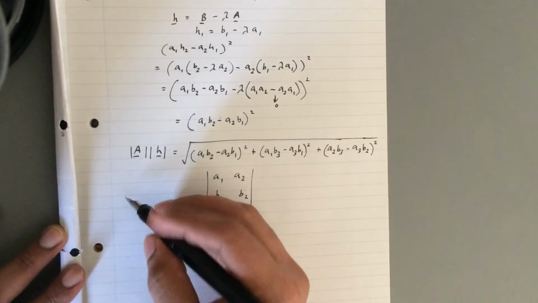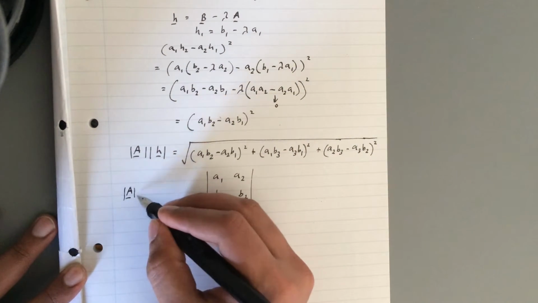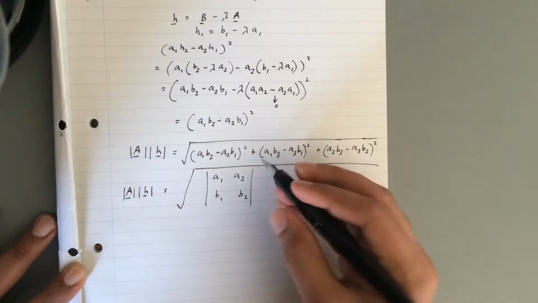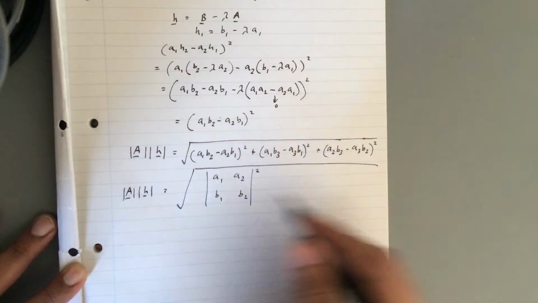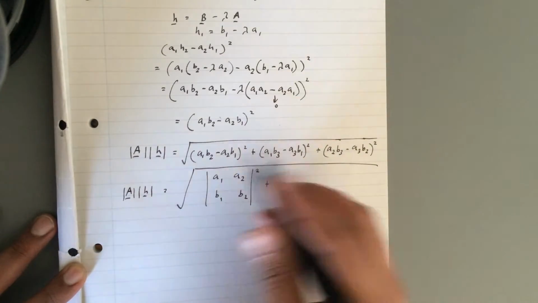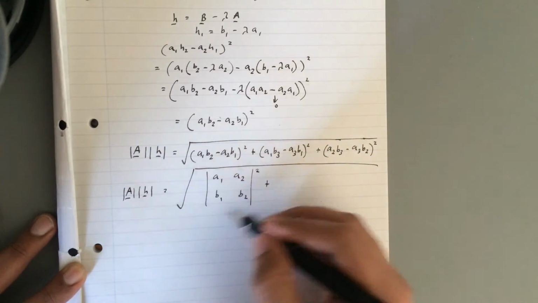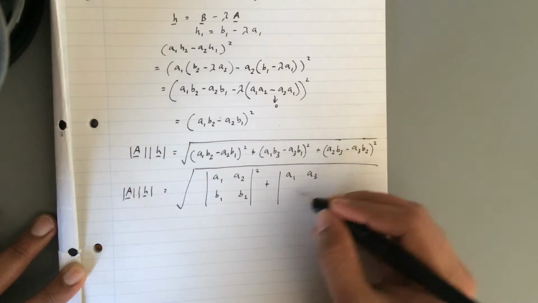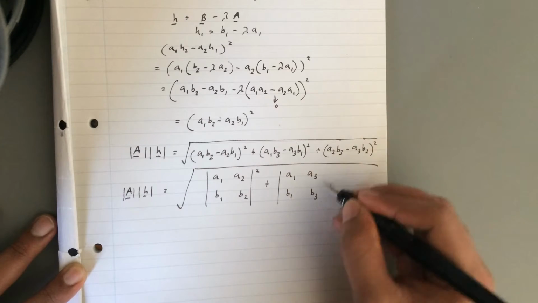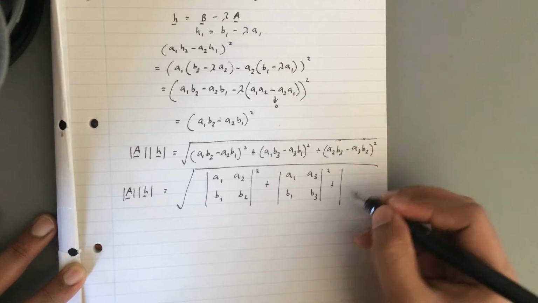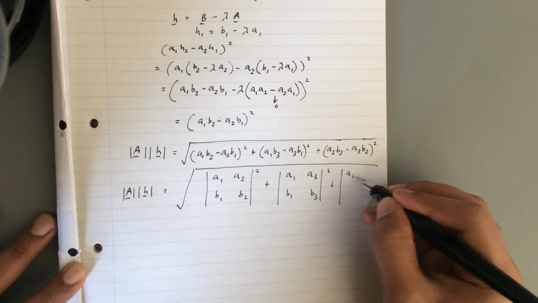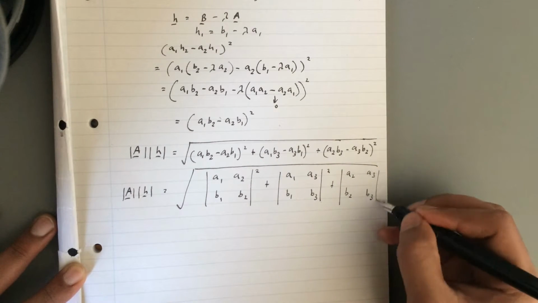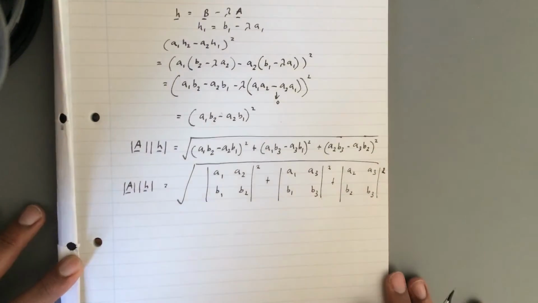So we sort of have the mod of, as in the magnitude of, some vector that has components like this.